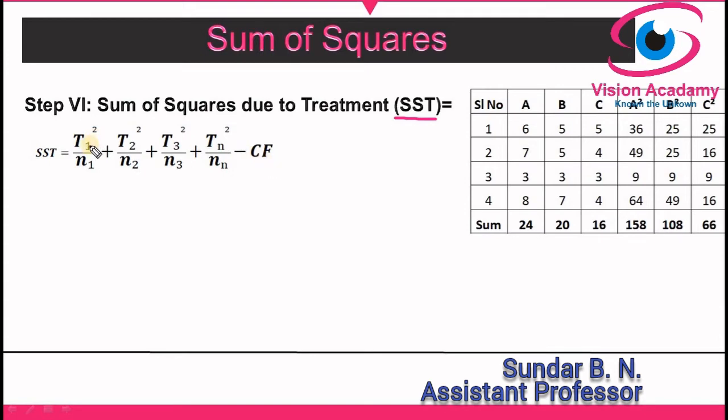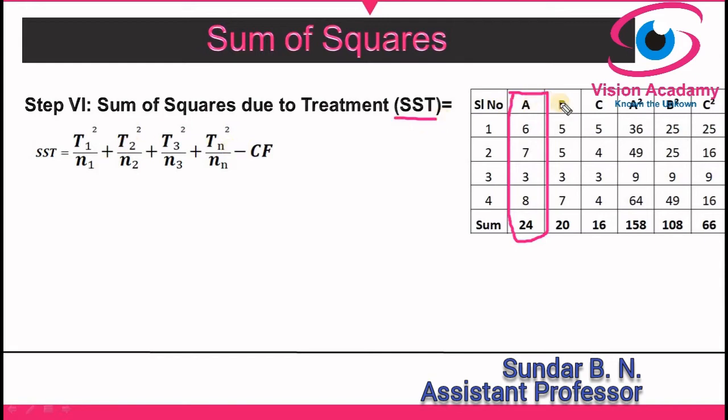So what is this T? T indicates column here, and N1 indicates the number of samples in that column. T1 is the sum of all the values in the first column, N1 is the number of samples in that column.